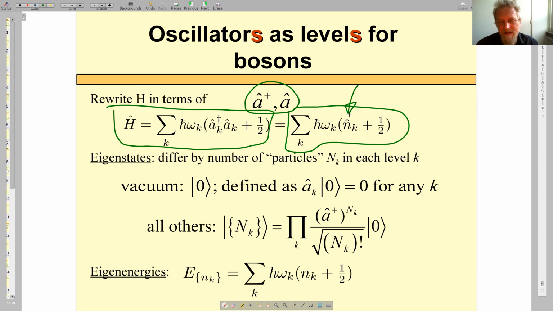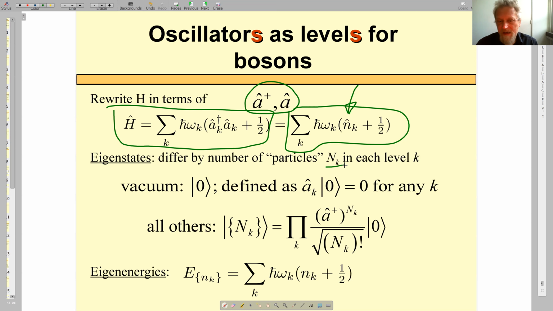So eigenstates only differ by the number of particles in each level K. We are now in Fock space, where each basis vector can be characterized by a set of occupation numbers.